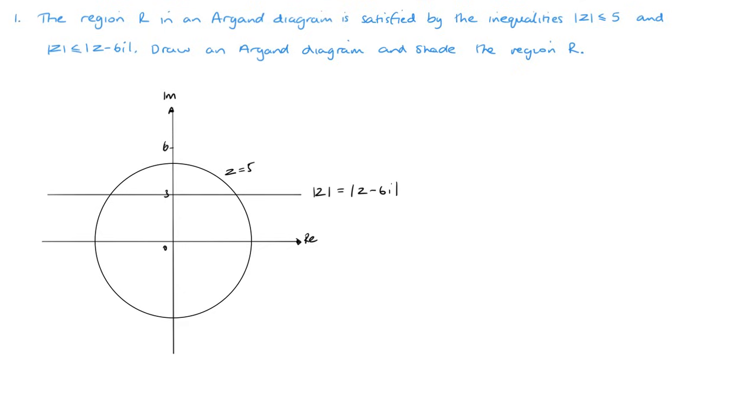We're looking at obviously mod z being less than or equal to 5, so within this circle, and then we want it less than or equal to the 6i, so it's going to be below this line, so we want to shade all of this area here, like so, and that is the question complete.